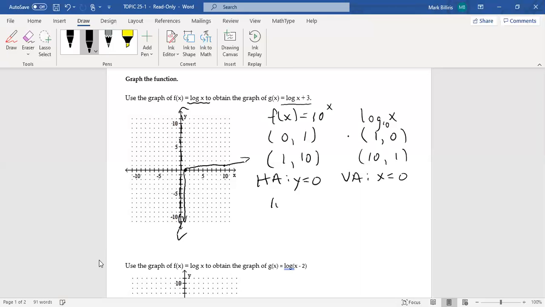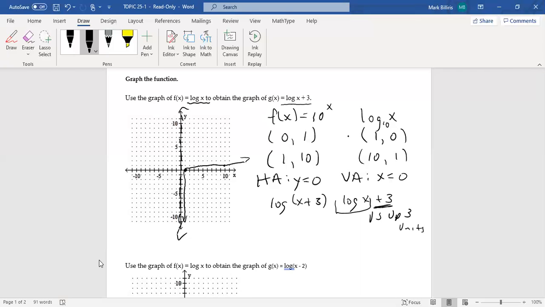If I had log of the quantity x plus 3, then this would deal with a horizontal shift. Since we have the log of x, plus 3, we're adding 3 to our function, which is a vertical shift up 3 units.